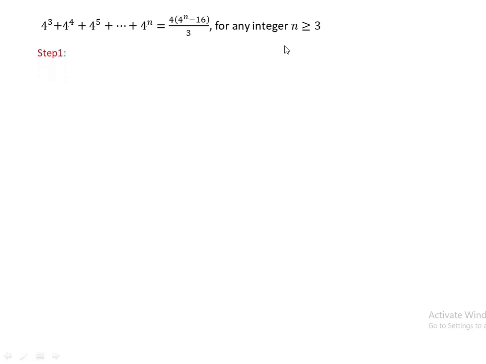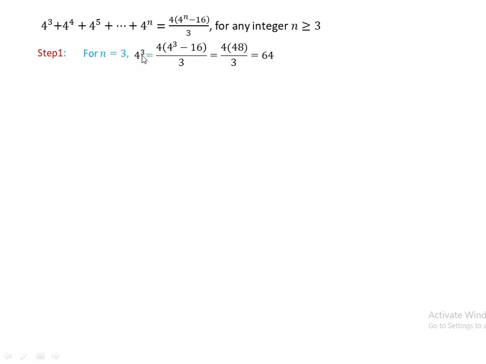Step 1. For n equals 3, we have 4 to the power of 3, which is the same as 4 times (4 to the power of 3 minus 16) the whole over 3. Simply replace n by 3.